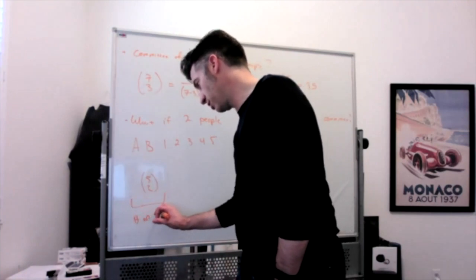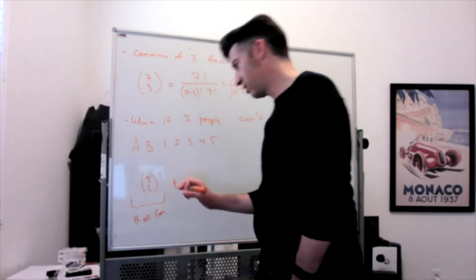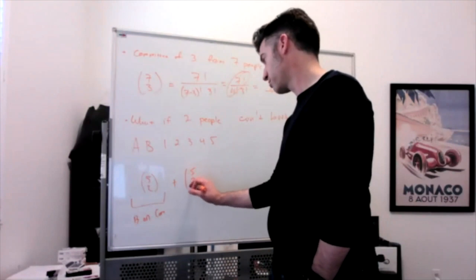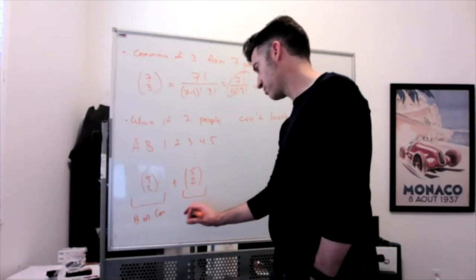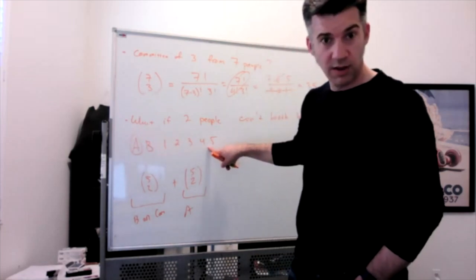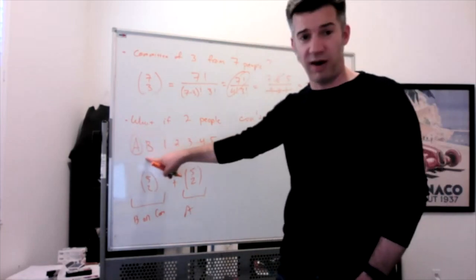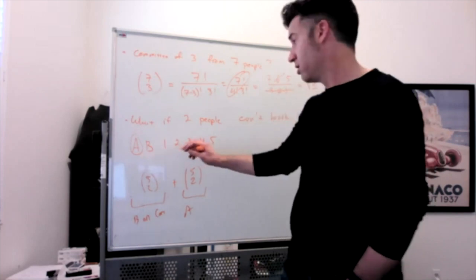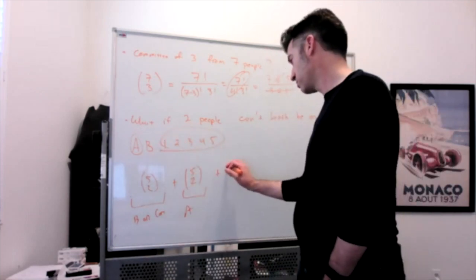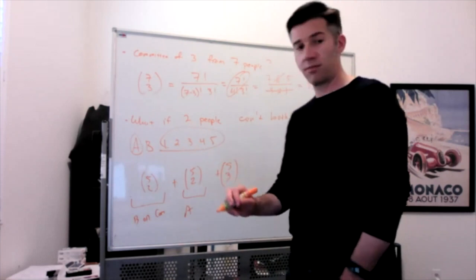There's also 5 choose 2 committees that have A on them. You can choose A and any 2 of these people. But then you can also have committees where you don't have either of these two who can't stand each other, right? From these 5 people, I'm going to choose 3. Let's figure out what we've got.